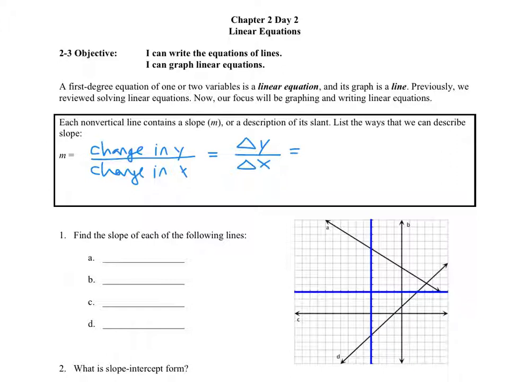Or sometimes we say rise over run, which represents the change in y over the change in x. Sometimes we use a formula, and we say y2 minus y1 over x2 minus x1. And that's the formula we'll use when we have two ordered pairs to find the slope of a line.